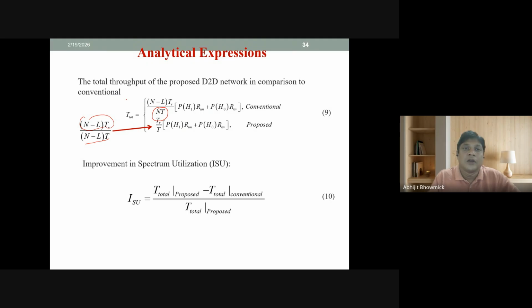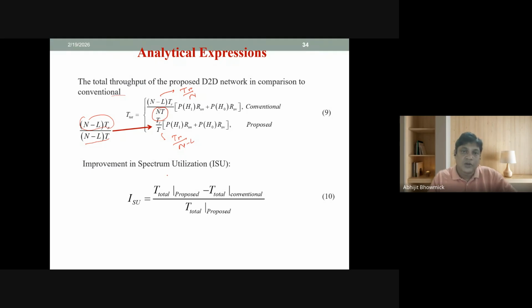For this case, the total transmission time is divided among n users. For this case, the total transmission time is divided among n minus L users. These L users have bad channels.